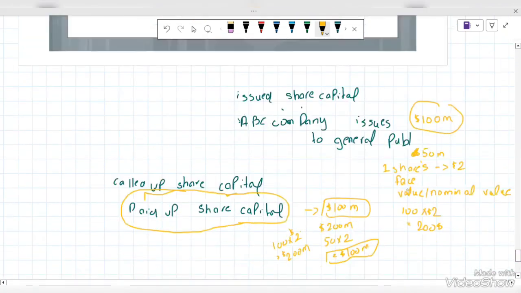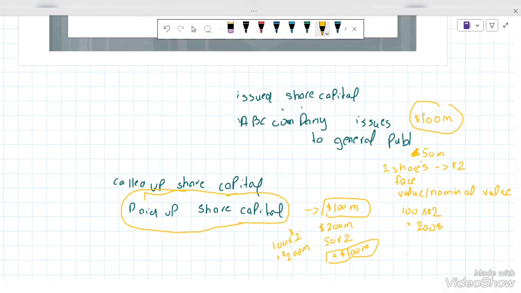If the examiner says that a company issues 100 million shares, not dollars, 100 million shares, what will be the amount of share capital? You will find the face value or issue price of the shares and multiply that amount by the shares issued by the company. So you will have the total share capital.